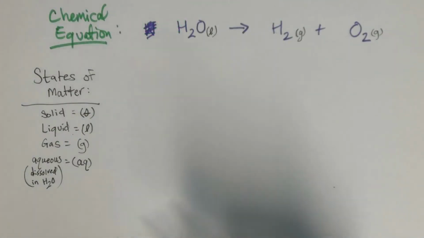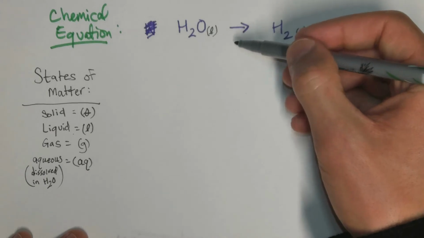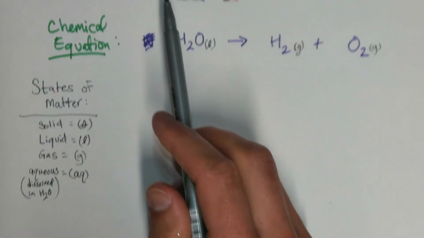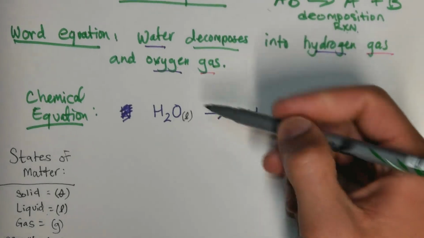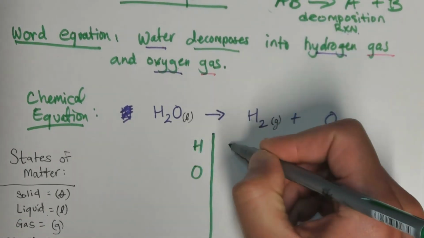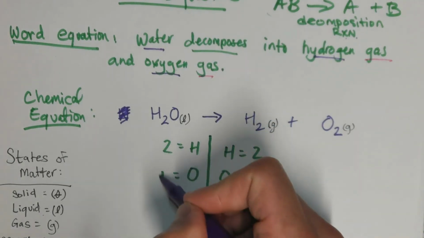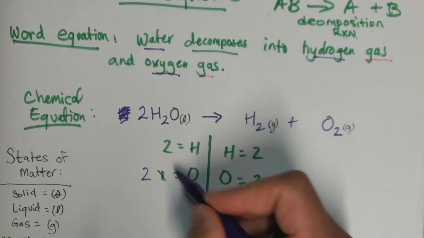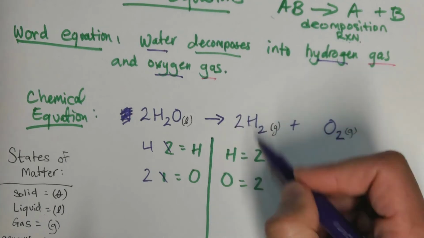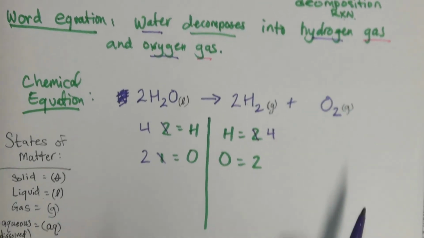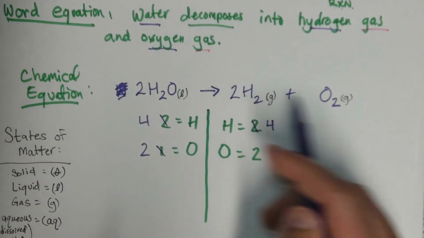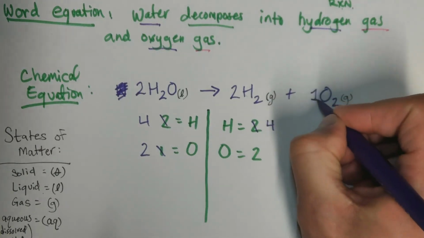The last part is to balance the reaction, and that's actually going to change our word equation a little bit. So let's go ahead and balance it. Let's make the O's balance, and then we make the H's balance. Now it's balanced. 2 makes 2 and 1.